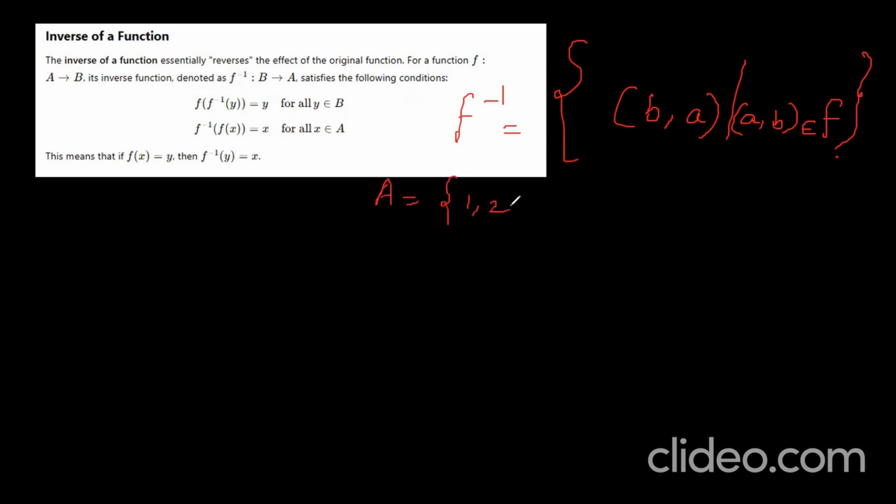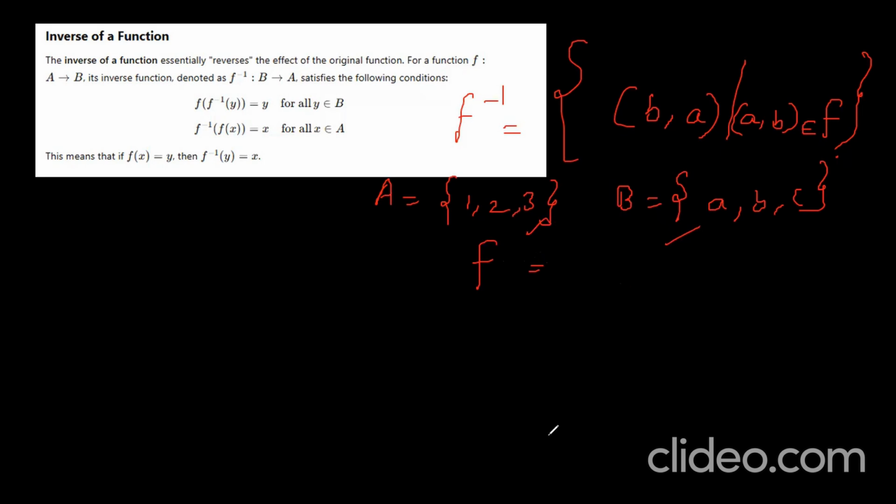Okay. F inverse. For example, A is equal to 1, 2, 3 I am taking. Similarly, B is equal to A, B, C. Then F is equal to 1C, 2B, 3A, a bijection from A into B. F is a bijection, right? One to one and it is onto.